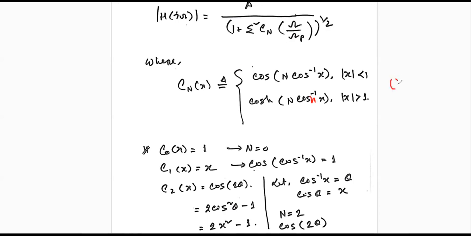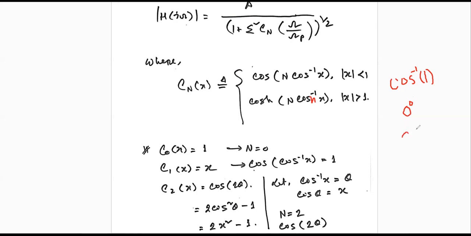Because what is cos inverse x? What is cos inverse 1? 0, sir. 0. Okay.